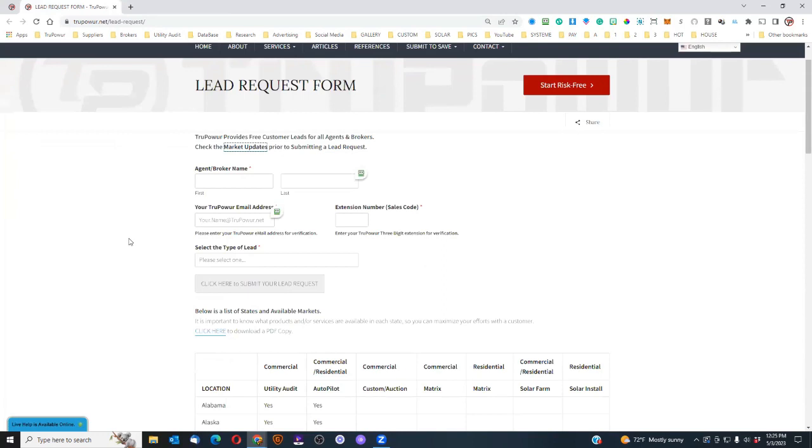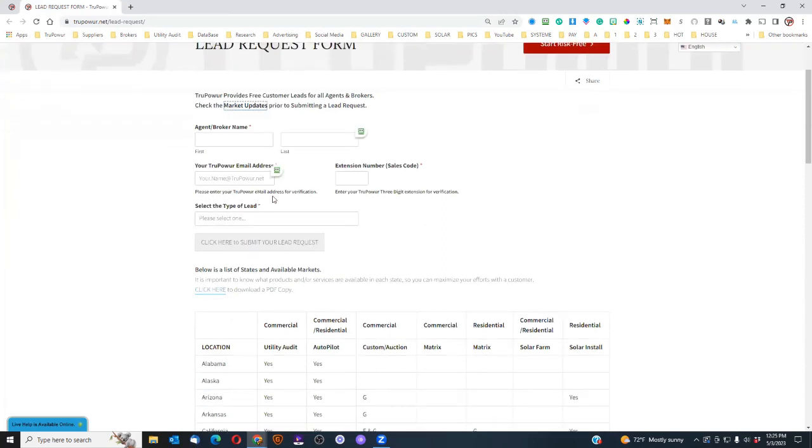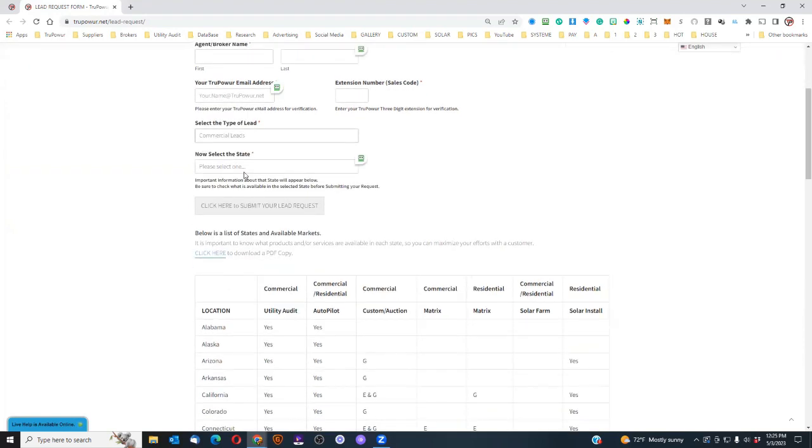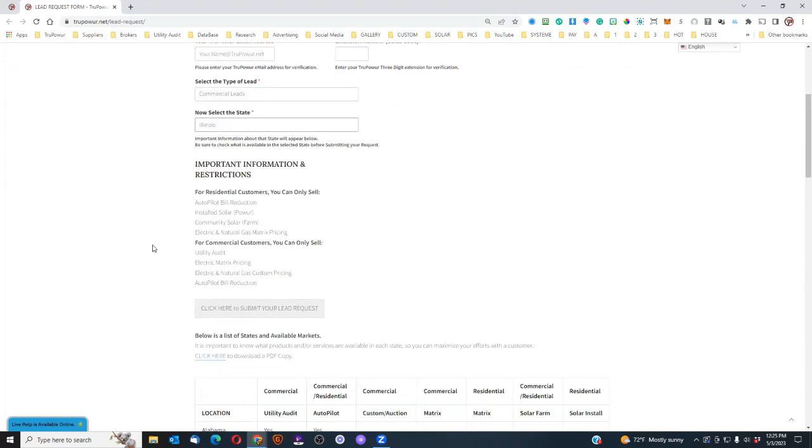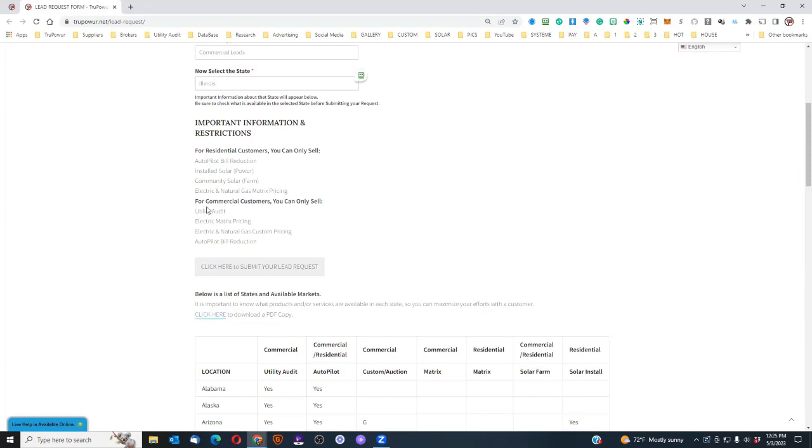So when you come down here, you're going to put in your name and TruPowur email address, not your off-network email address, and your sales code, which is your 3-digit extension sales code. Everything is tied to that number. So from here, if I'm looking for commercial customers, then when I open this up, if I select Illinois, it is also going to remind me as to what things are available for both residential and commercial.